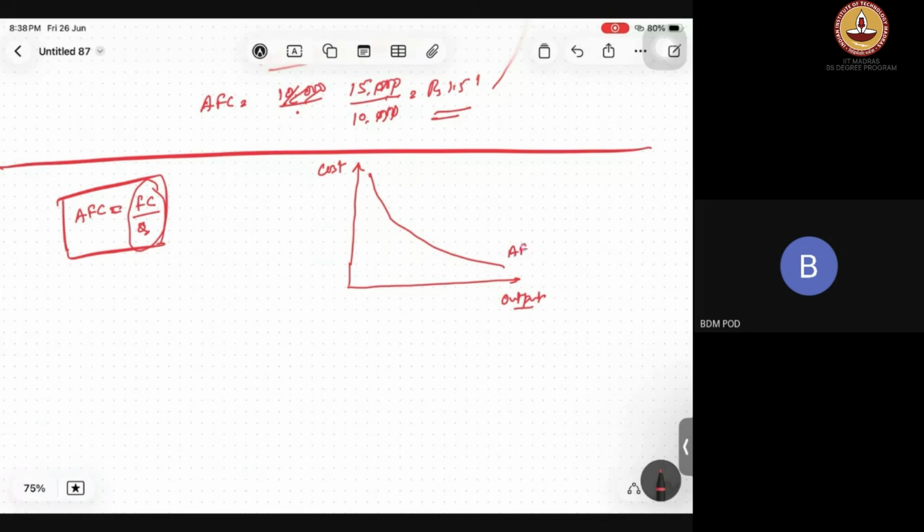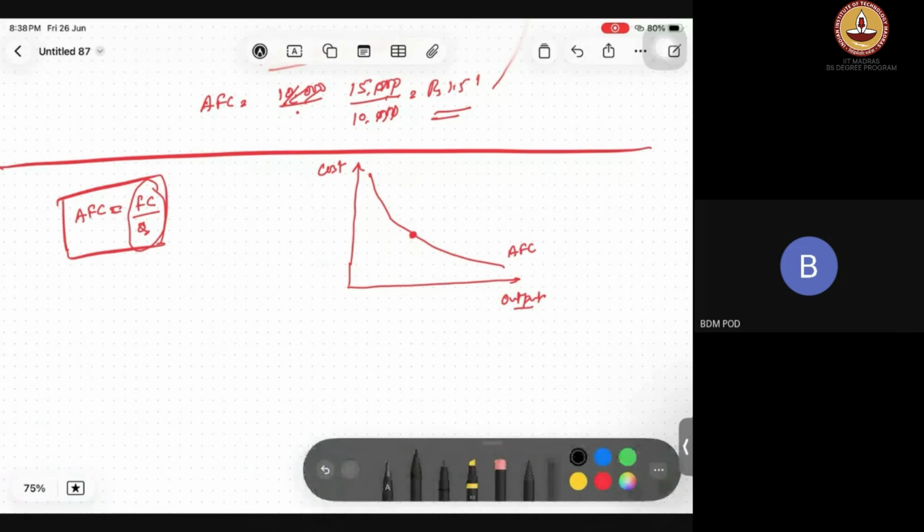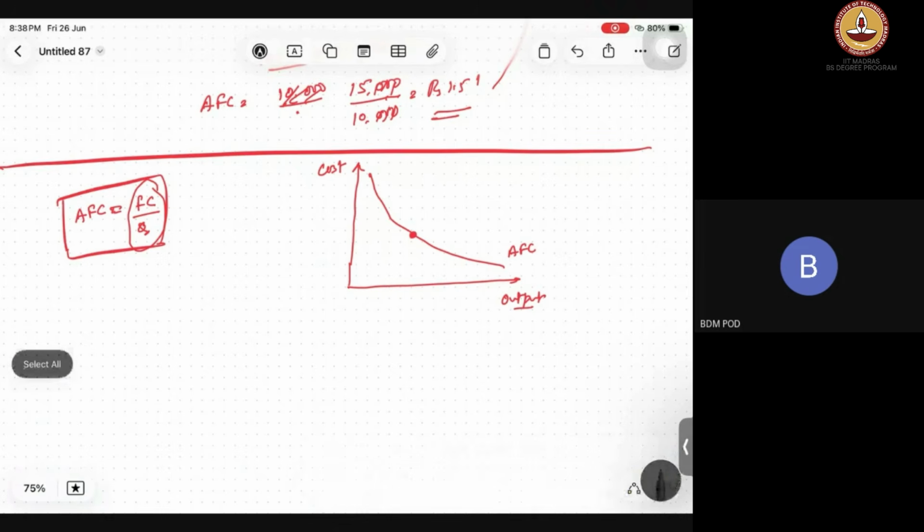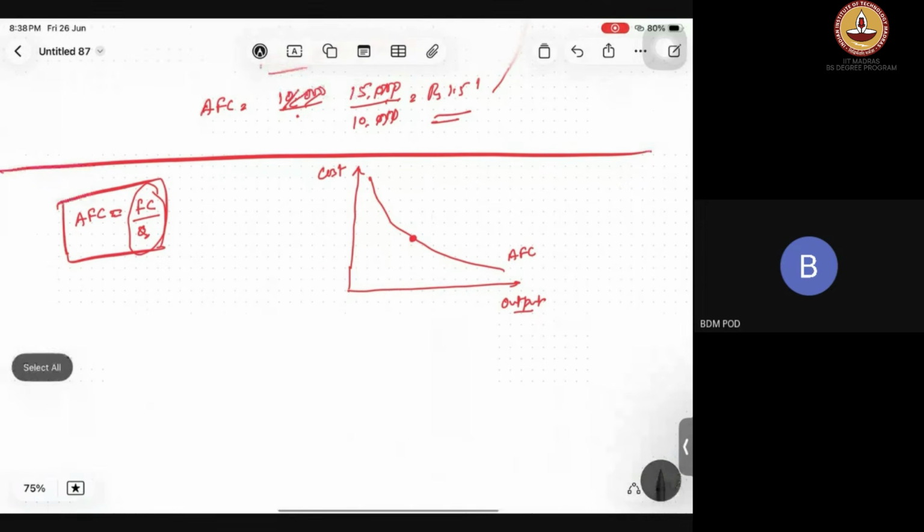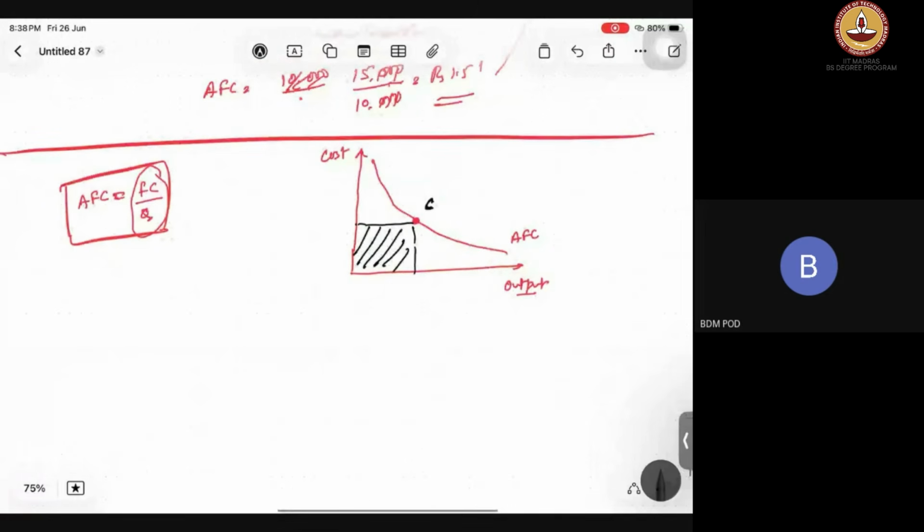This is AFC. Suppose there is a point. If you want to calculate your cost based on this point, suppose somebody asks you to calculate the cost of this point, how are you going to calculate? If you join this, this area, this is C, this is F, this is O, and this is Q1.